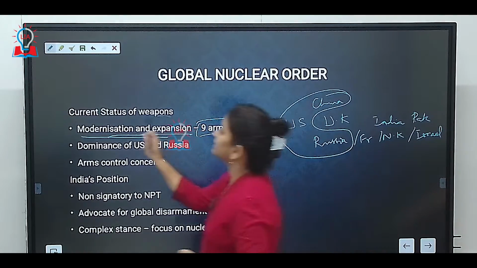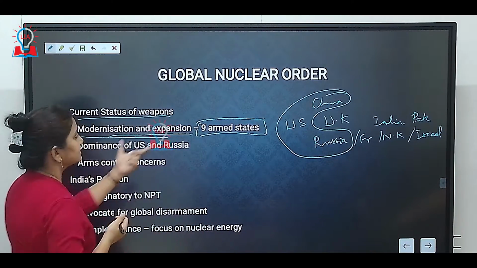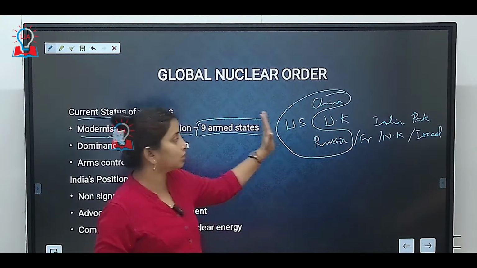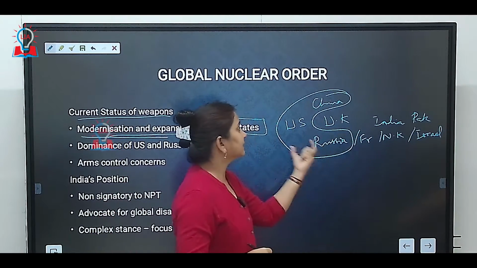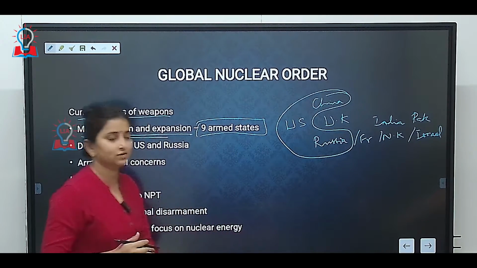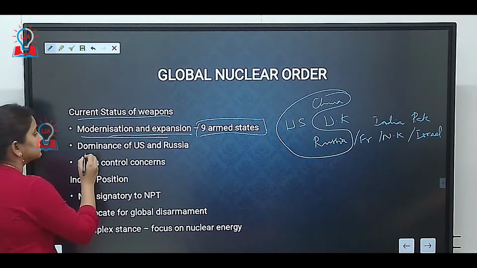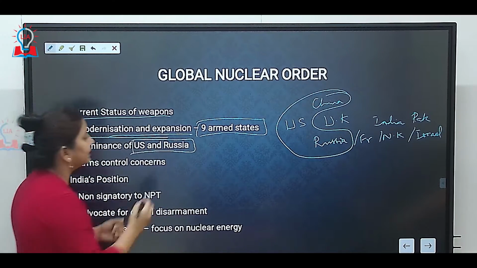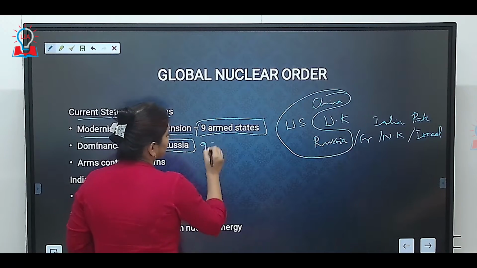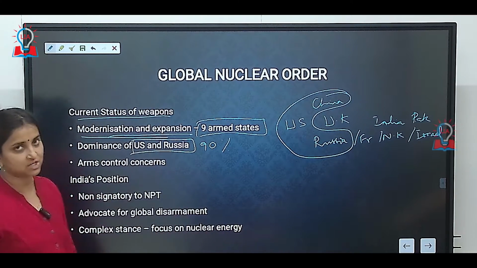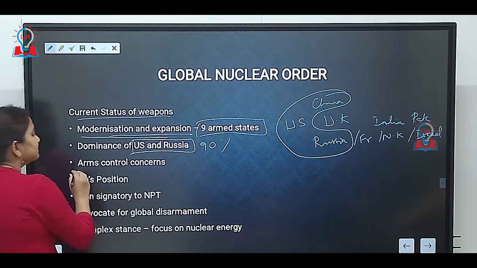So as per the current status of weapons, modernization and expansion, although nuclear arms are owned by all these 9 countries, it is undergoing proliferation and expansion in these 3 countries. Apart from this, we are also witnessing immense dominance of US and Russia. 90% of the nuclear arms are owned by US as well as Russia. And there are arms control concerns.